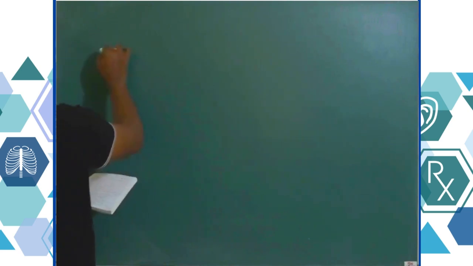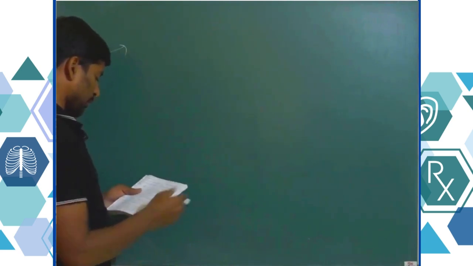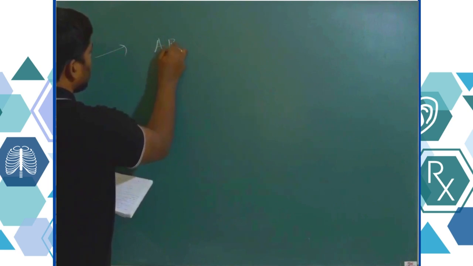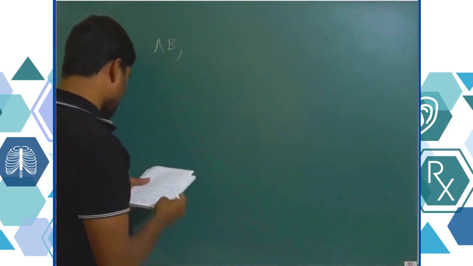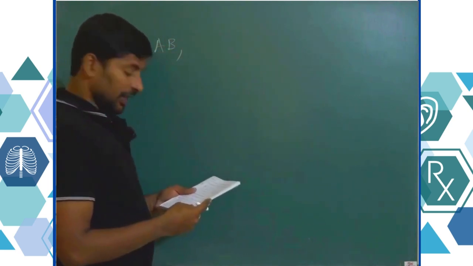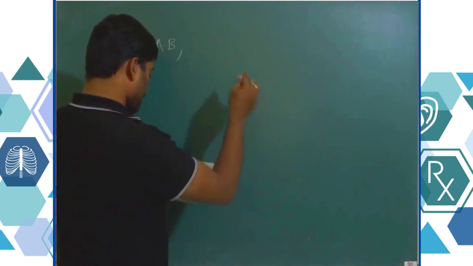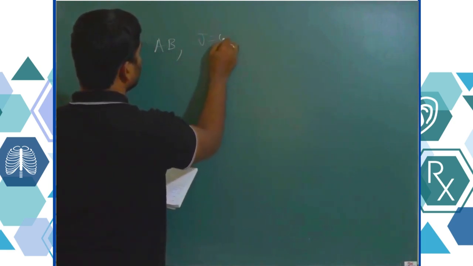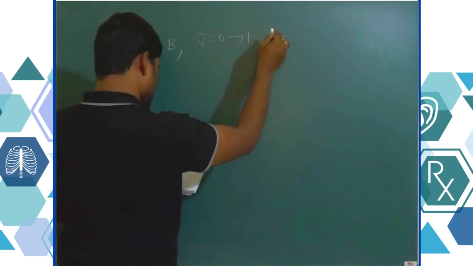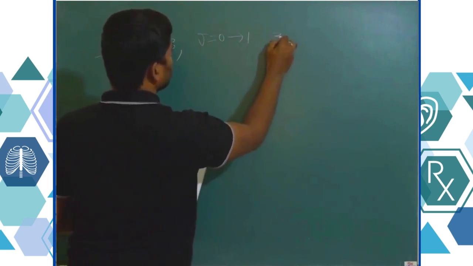Next one. For a diatomic molecule AB, the energy for the rotational transition from J equal to 0 to 1 state is 3.9 centimeter inverse.